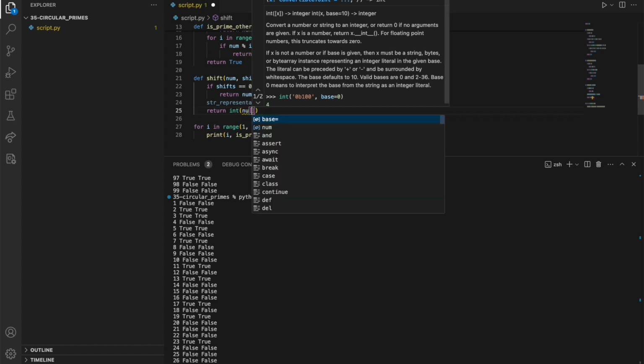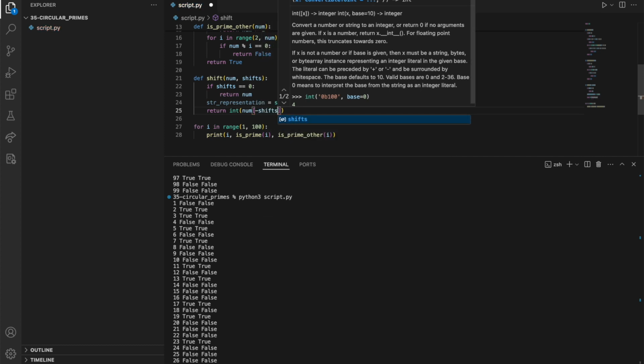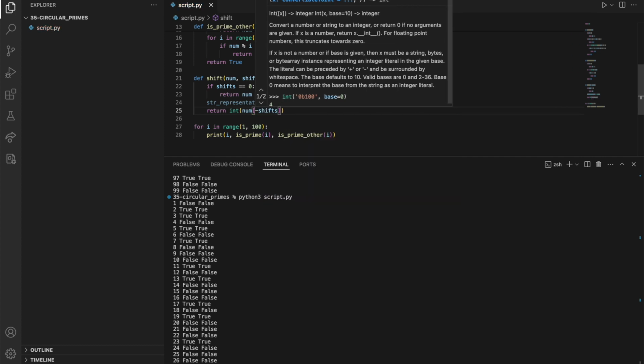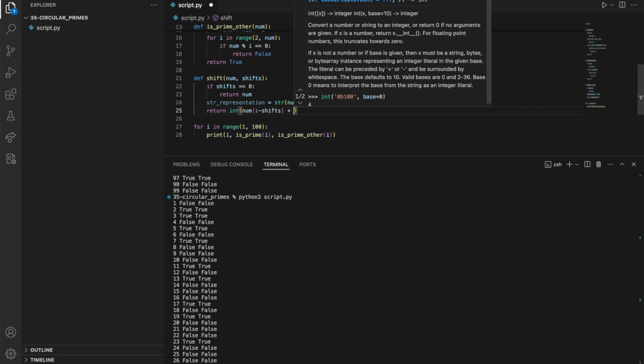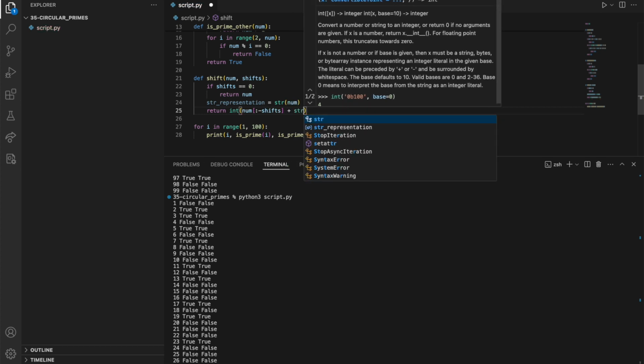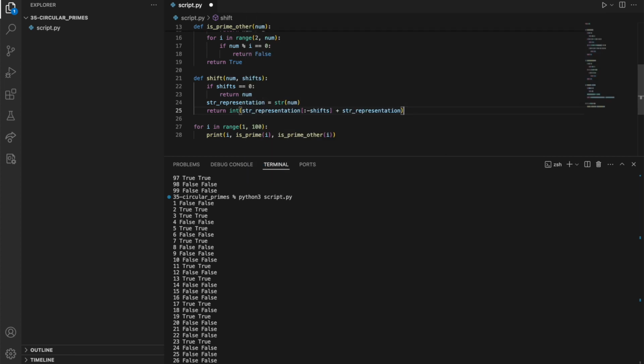So we're going to take num at negative shifts, and then we're going to add the string representation from the start all the way up to the negative shifts.